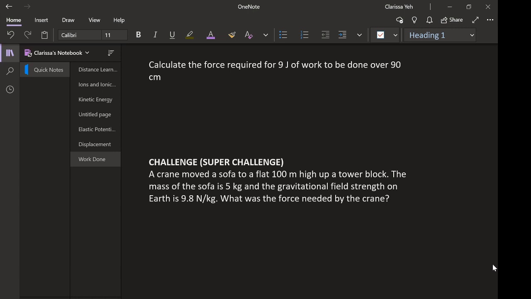And just like the one we did previous, it is you understanding what work done is, how it links to force, and how it links to energy. For those of you doing the super challenge, I will just quietly now put up the answer to the first one.